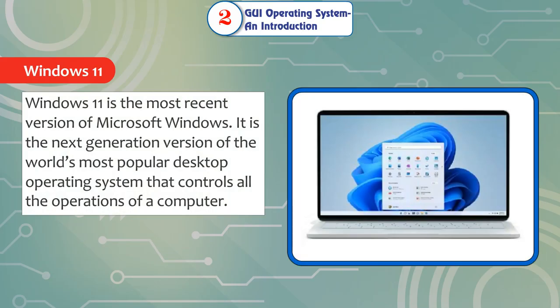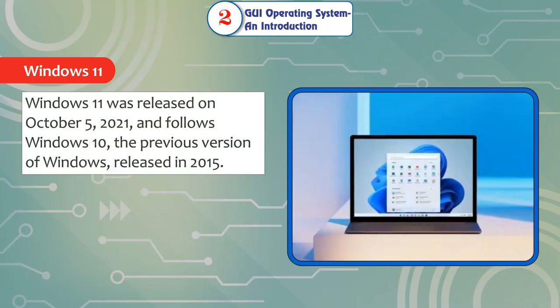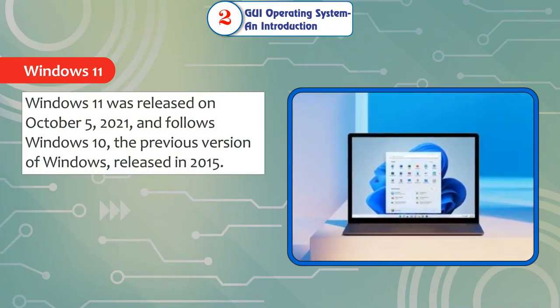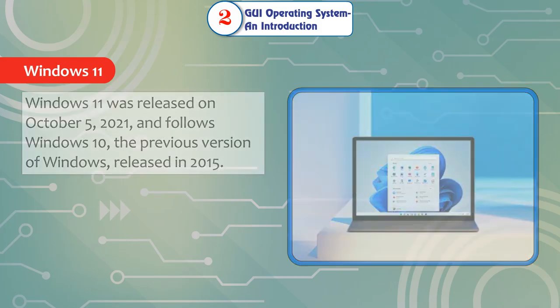Windows 11 is the most recent version of Microsoft Windows. It is the next generation version of the world's most popular desktop operating system that controls all the operations of a computer. Windows 11 was released on October 5, 2021 and follows Windows 10, the previous version of Windows, released in 2015.